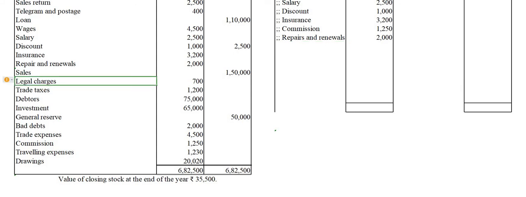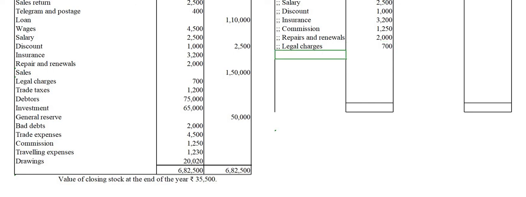Now legal charges. If there is any charge paid for filing the application or something like that, that is called legal charges. That is 700 here. Then after legal charges, trade taxes. So we can write trade taxes 1200. Then after trade tax, debtors is asset, investment is asset, general reserve liability.